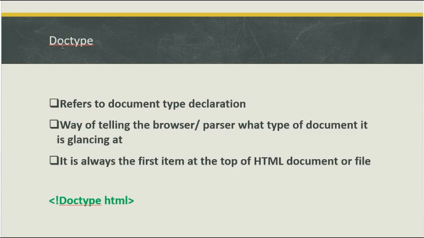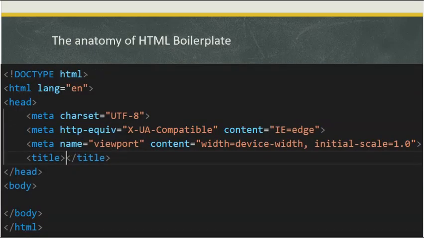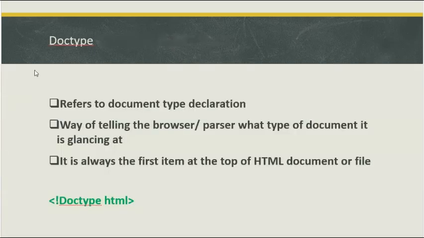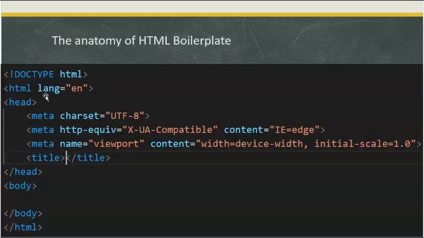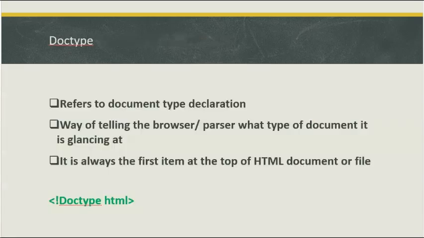So we talked of this doctype. Doctype refers to a document type declaration. The browser requires to understand what type of document it is looking at. In this case, we are declaring that this is an HTML file.